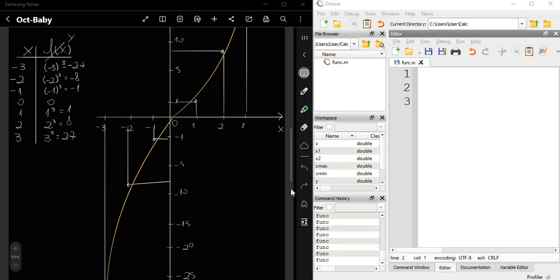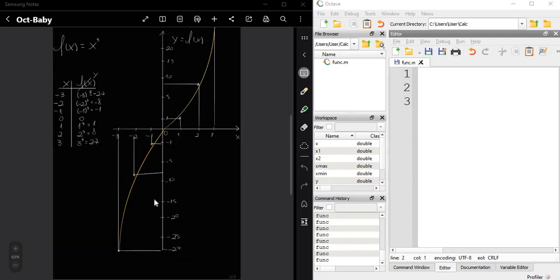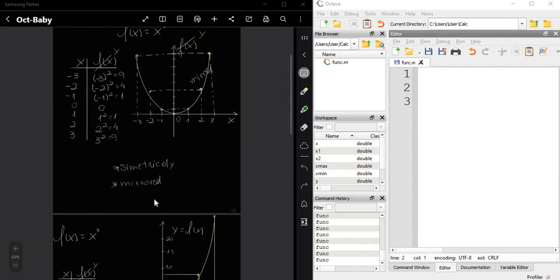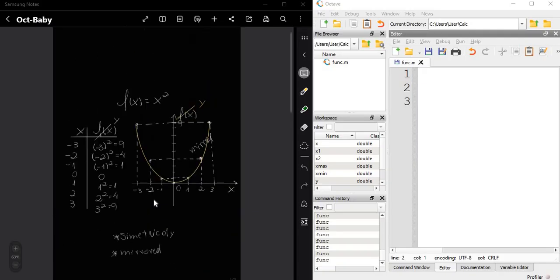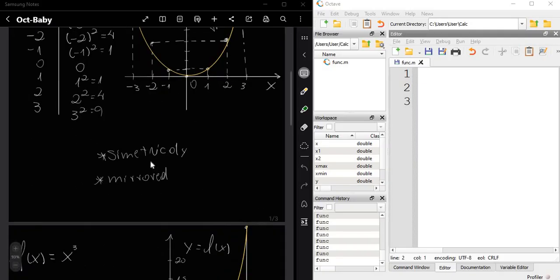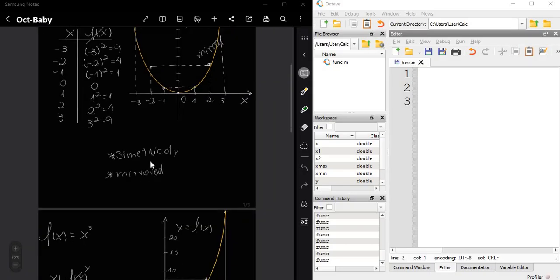Okay, here we are again. And again, my goal with the sequence of these videos is just to plot functions. For that, we are using the Octave environment, which is properly for numeric computation.